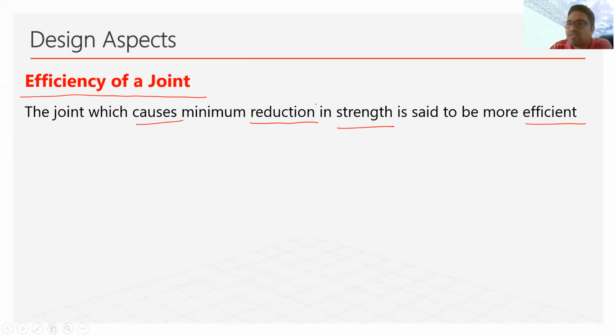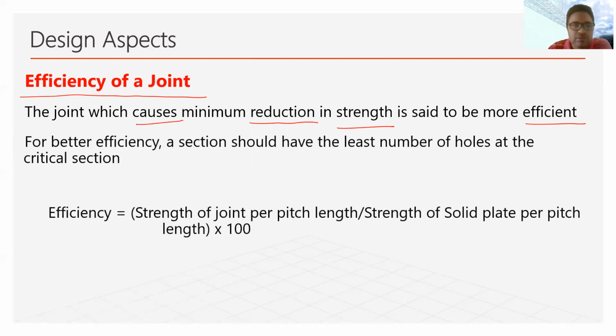It means if in the joint we have fewer holes, then the strength of the plate or the strength of the joint will be more. So for better efficiency, a section should have the least number of holes at the critical section.